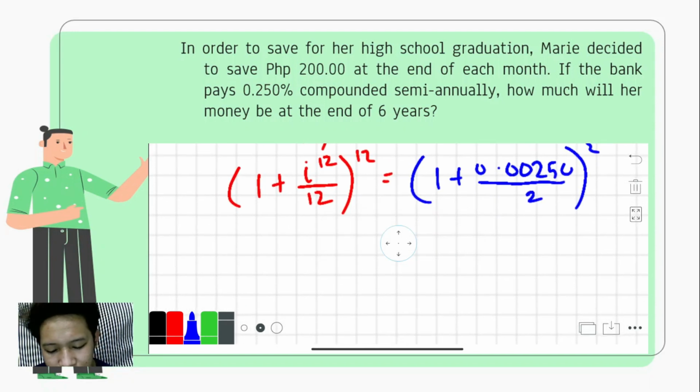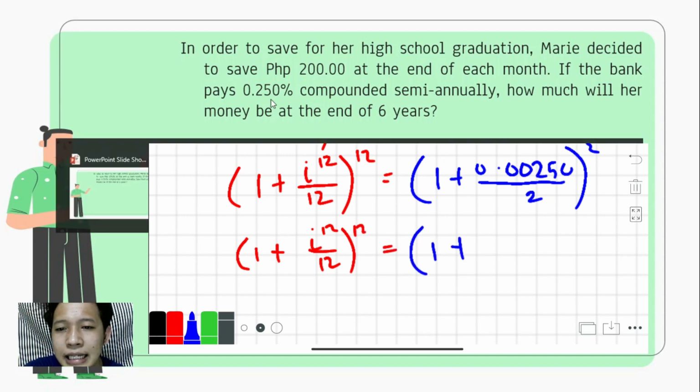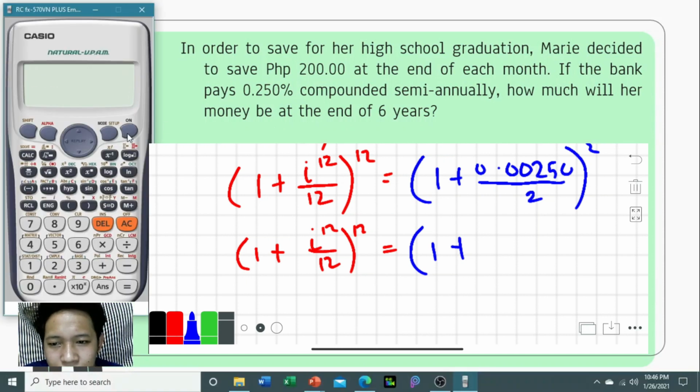So we have 1 plus i raised to 12 over 12 raised to 12 equals 1 plus. So using our calculator, we'll be having 0.00250 divided by 2. So we move decimal point 3 decimal places to the left, 1, 2, 3.